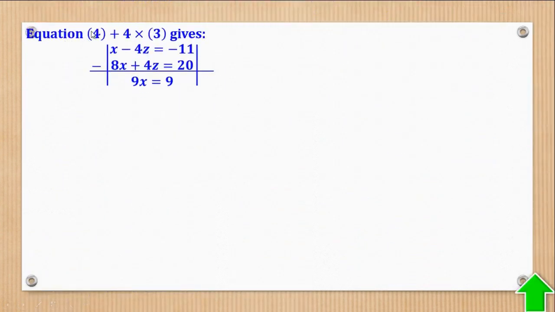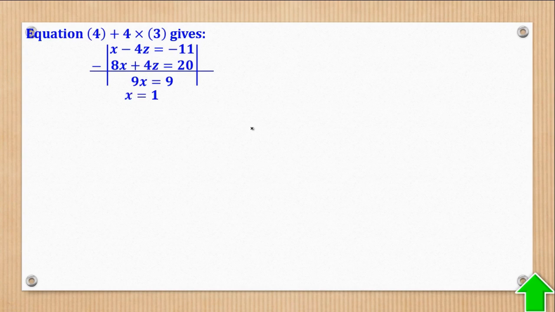I'm writing that equation 4 plus 4 times equation 3. So when I do that, I can easily eliminate this by subtraction, because this is negative, this is positive. Sorry, by addition. So here it is not minus, you make it addition plus. So when I add this and this, gives me 9x, and this gives me positive 9. And when I make x the subject, x will be 1.